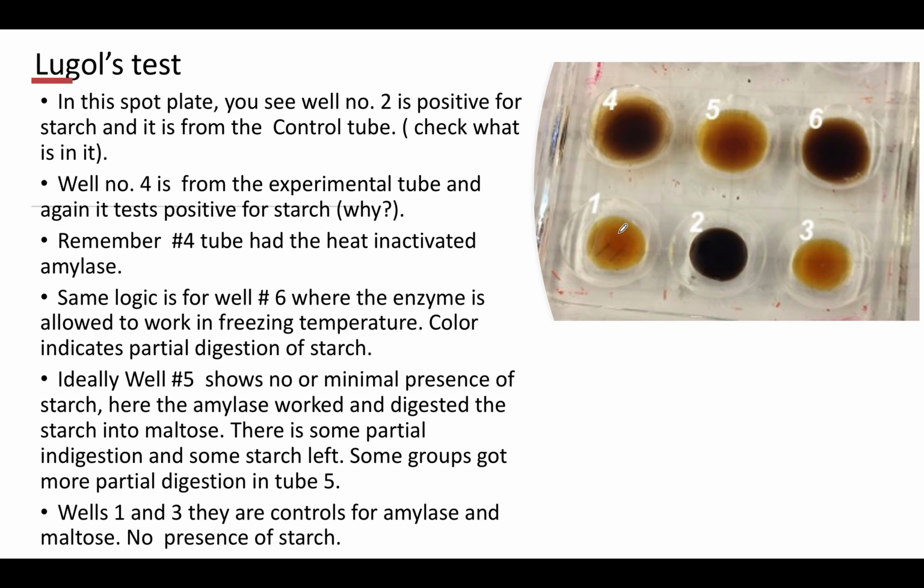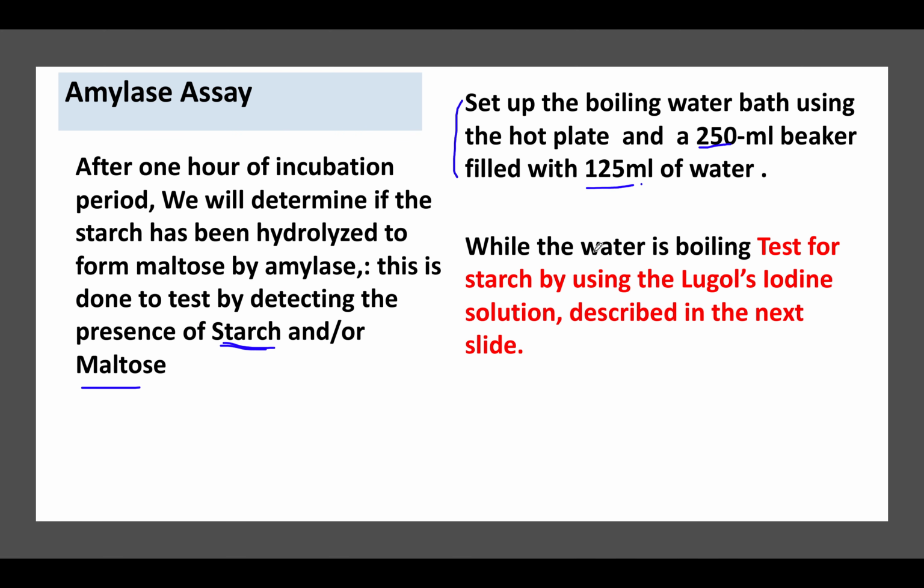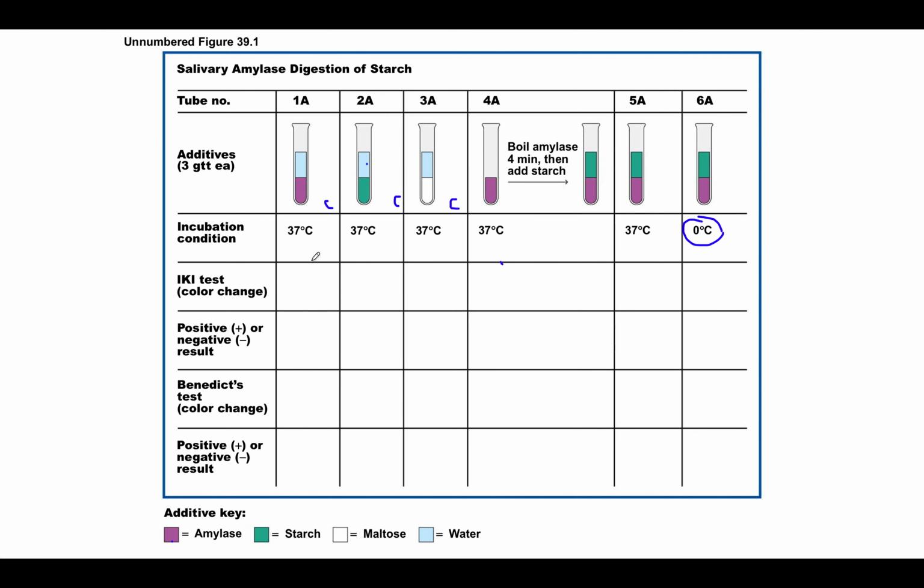So here we put well number 1, number 2 and 3, 4, 5, 6. So number 1, what was in number 1? Number 1 had amylase and water. Is there any starch in it? No. So do we expect any color change? No. No color change.